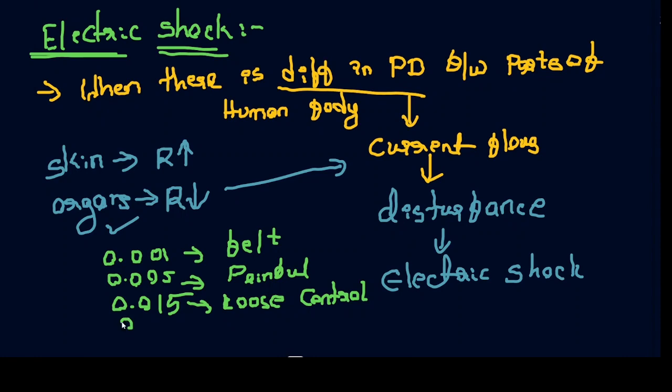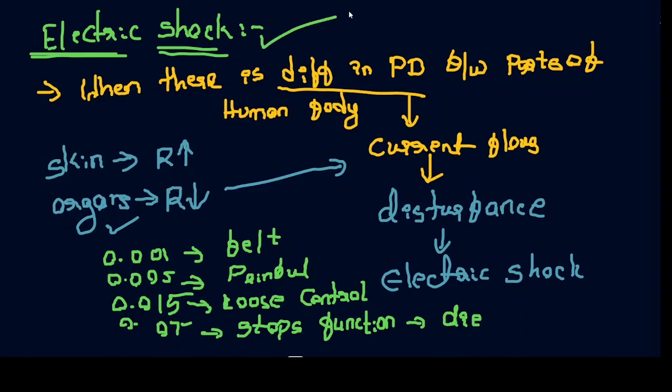And now if it is 0.07, and the current passes through our heart for 1 second with this amount of electric current, then the person can die. The heart stops functioning. So in this case, a person can die. Got it? So this is how dangerous electric shock is.